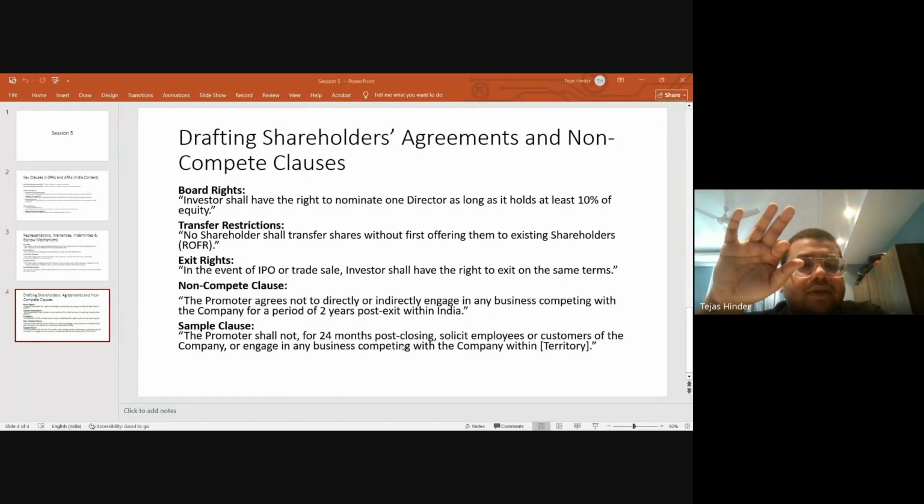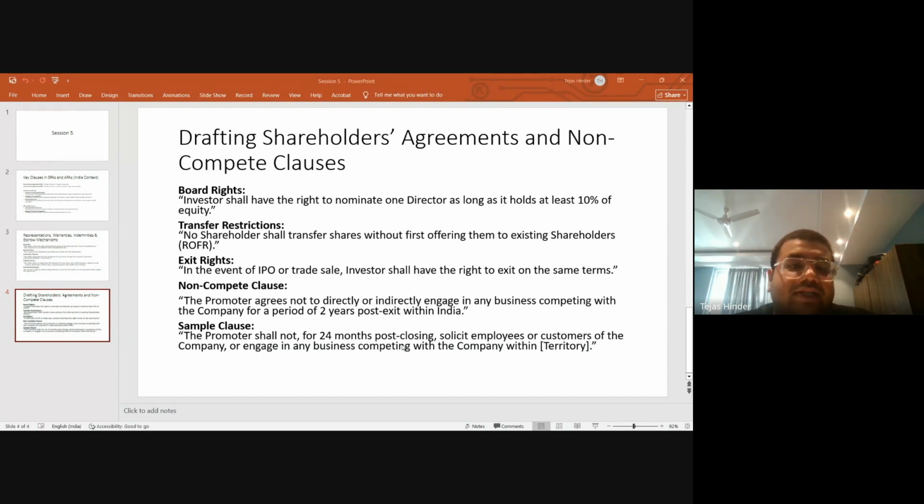Then comes your information and inspection rights clause, which will provide for periodic financial business plans, inspection rights, etc. Then comes your non-compete and non-solicit clause, which is included in the SHA for promoter obligations.